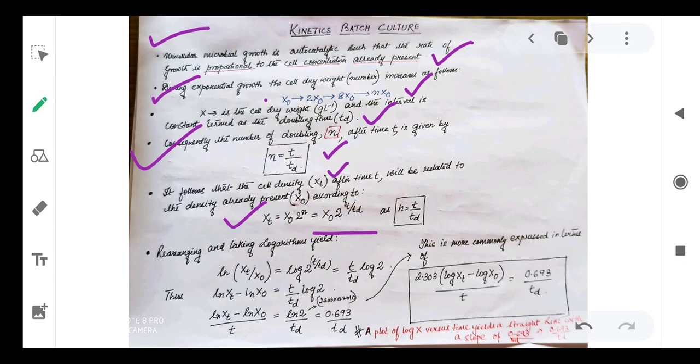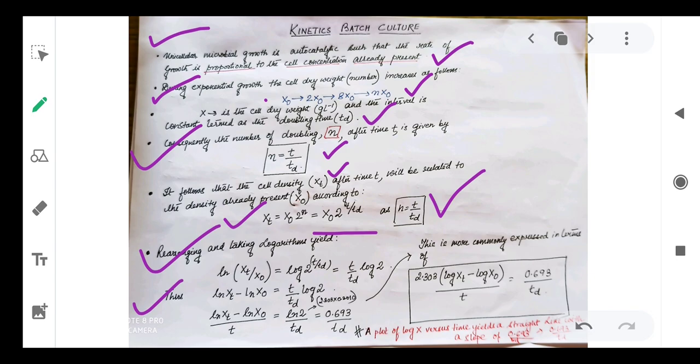Now, what is n? n is t by Td. So we can substitute n by t by Td, giving 2 to the power t by Td. Now you rearrange using logarithm. Take log on both sides. So here it will be log of Xt by X0, just cross multiply, is equal to log of 2 to the power n, that is 2 to the power t by Td. Now if you simplify it, ln Xt minus ln X0, take t by Td to the front, t by Td ln 2.